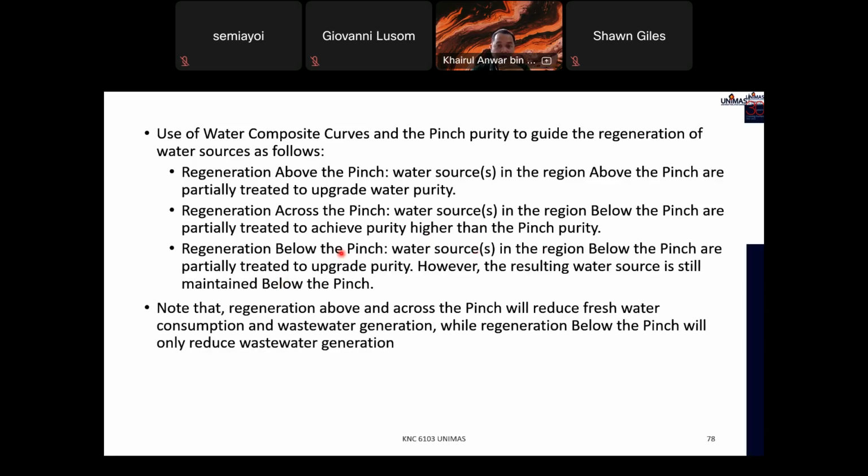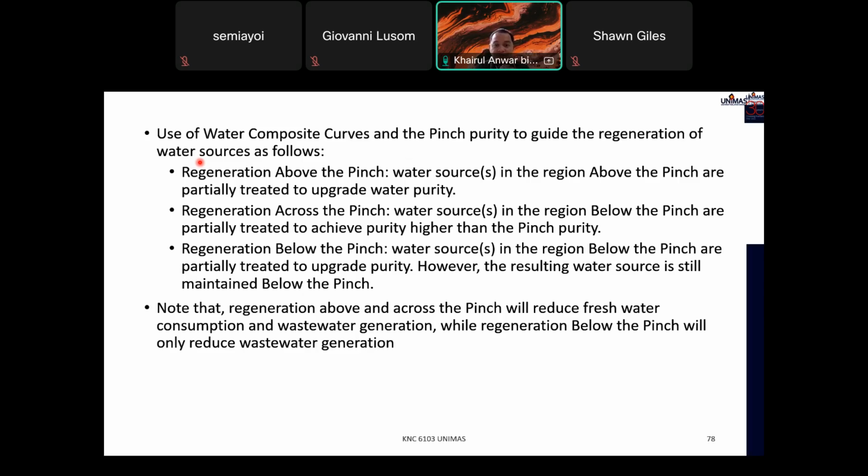So, okay, this one is from the paper. Use of the water composite curve and the pinch property, essentially the water composite curve, slash water cascade table, slash sink and source composite curve, and the pinch related to guide the regeneration of water sources as follows.